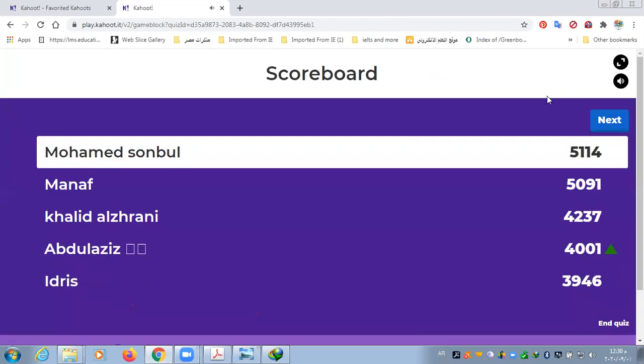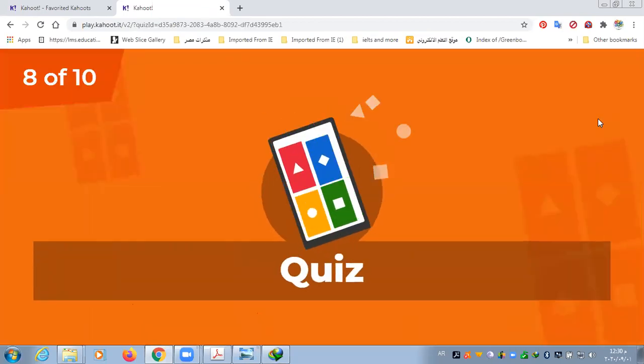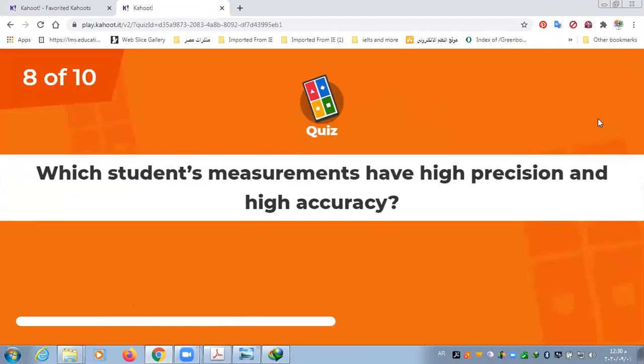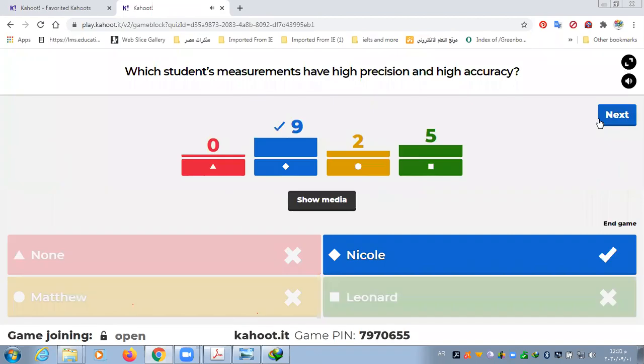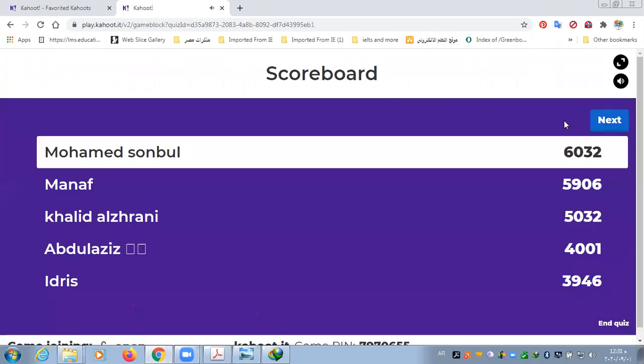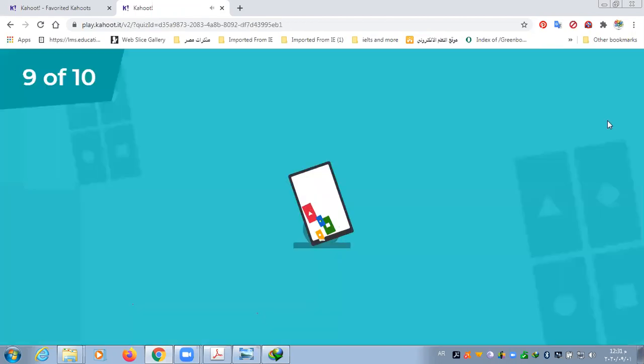High precision, high accuracy, both high. Excellent.